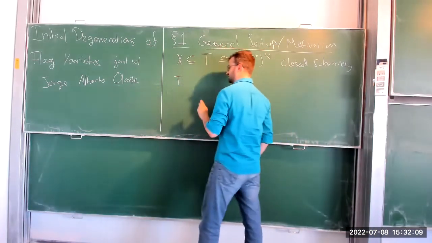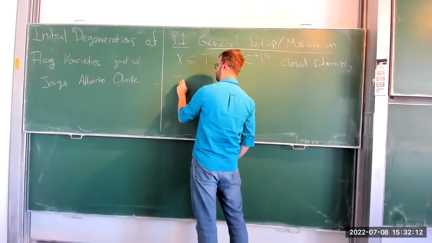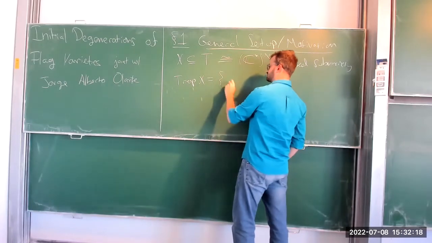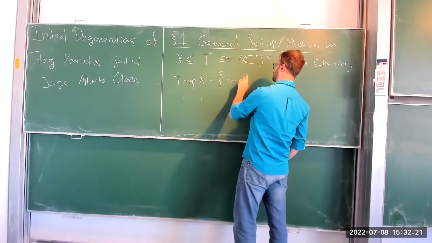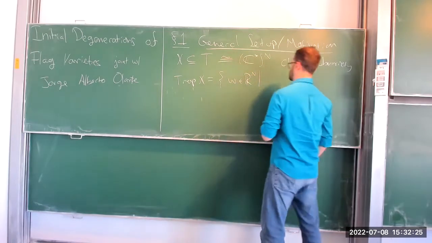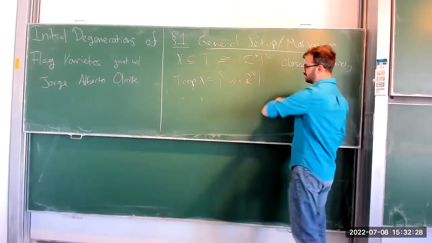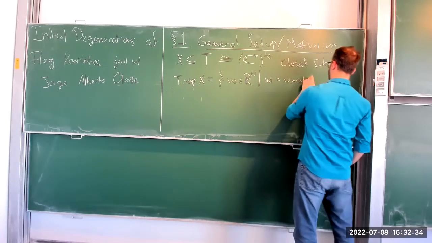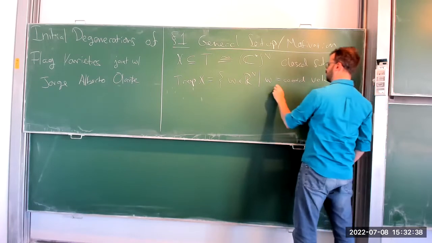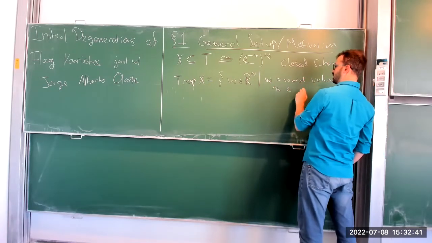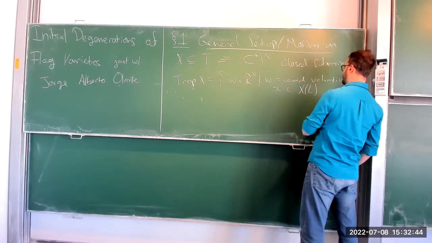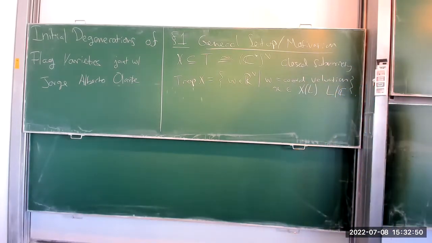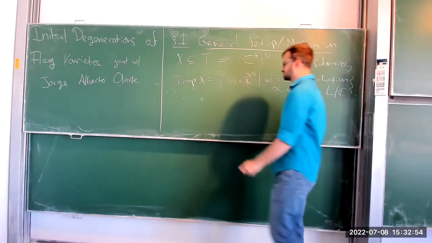This is hopefully familiar for this workshop, but just as a reminder, the tropicalization of X, you can define this to be the set of points W in R to the N such that W is the coordinate-wise valuation of some X, which is some L-valued point of X, where L is some valued field extension of C.